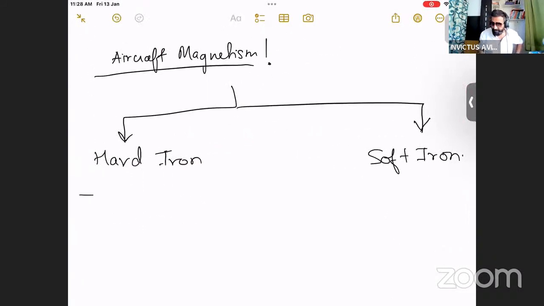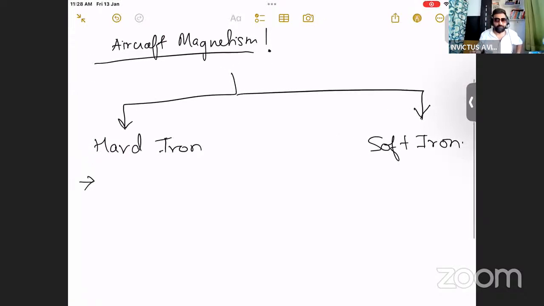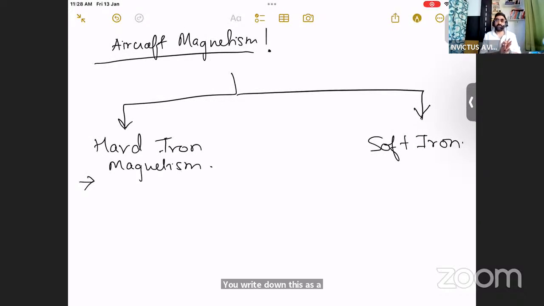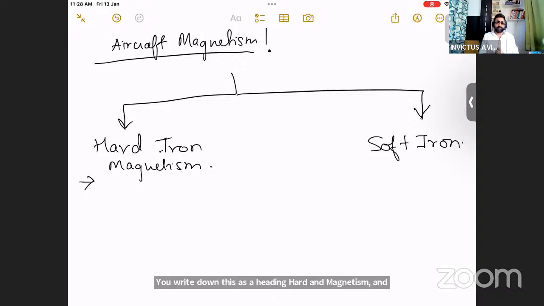Here, the hard iron magnetism of an aircraft. When we talk about it, you write down this as a heading, hard iron magnetism, and write down the first point. I'm going to dictate it, and then I'll ask someone to give me a read back.